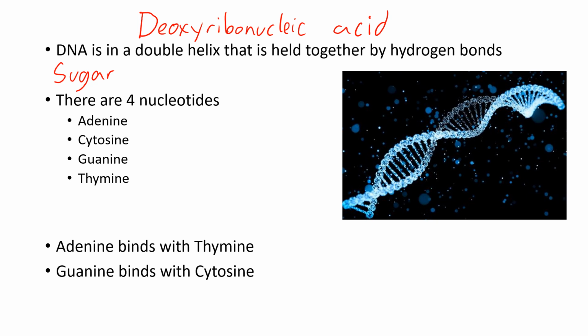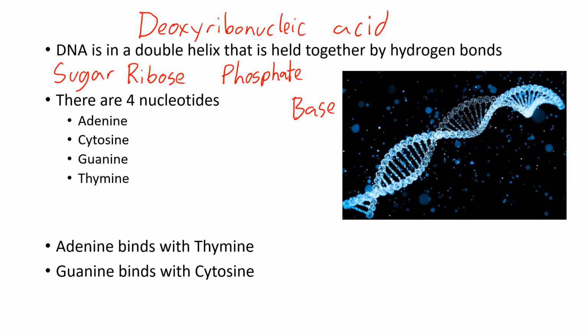Now, the type of sugar that is in DNA is called ribose. So that's part number 1. And the next part is phosphate, PO4. And then the final part is a base.